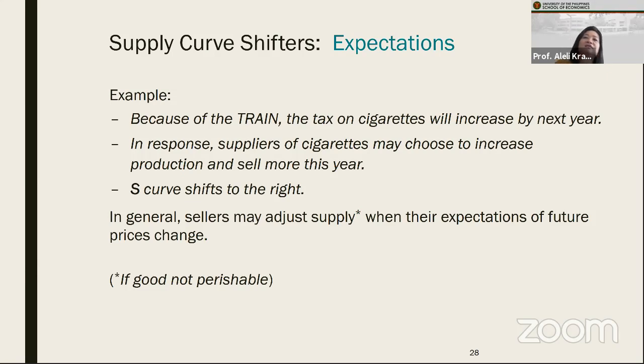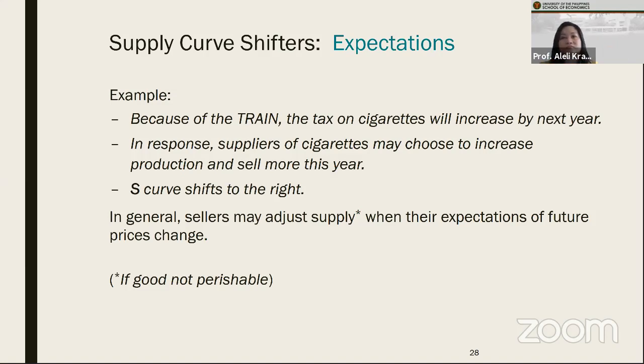And so what they did was they chose to increase production now, because they expected that consumers will not consume a lot because of the price, because of the taxes on cigarettes for next year. So what they did was they shifted the supply curve in this year.